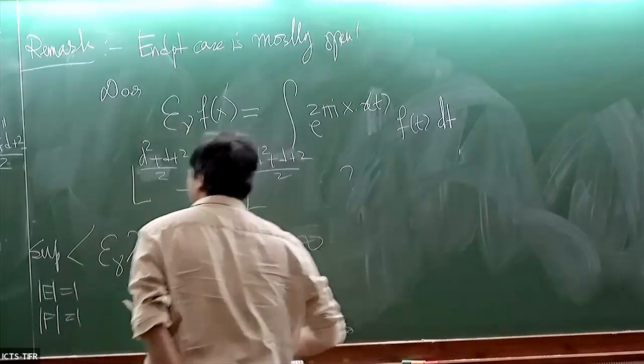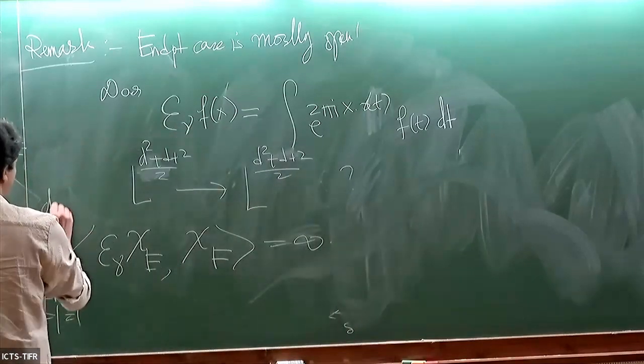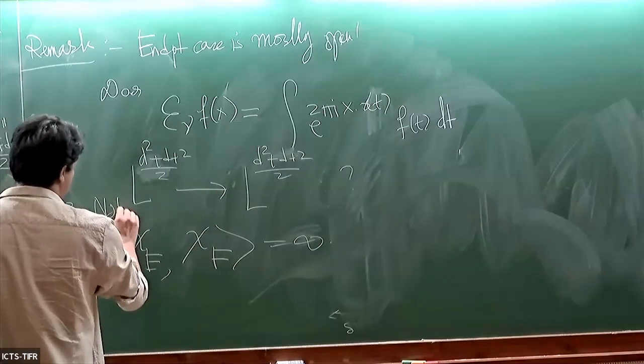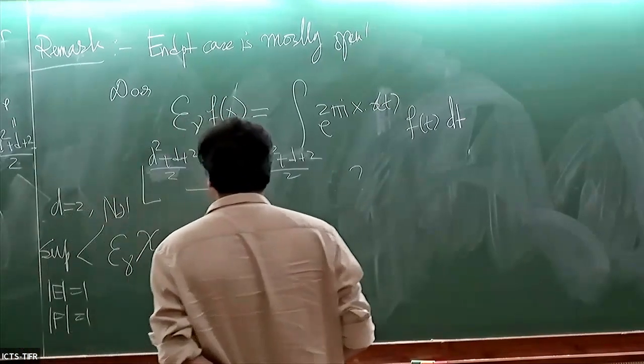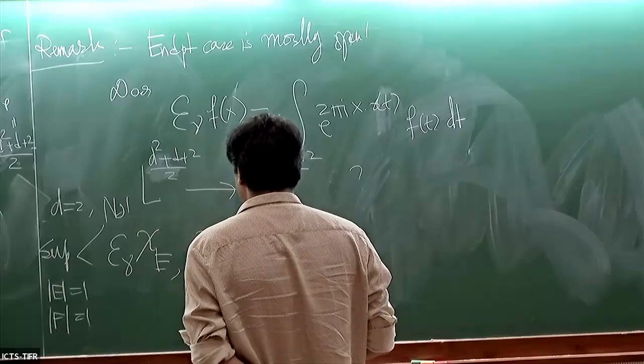So in dimension 2, for d equals 2, definitely no, it's not even restricted weak type. If I apply the Fourier extension to the characteristic function of a set, then the supremum is infinity.